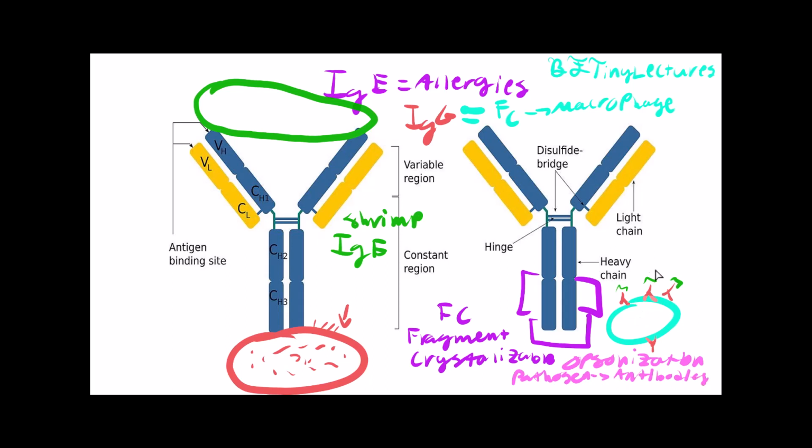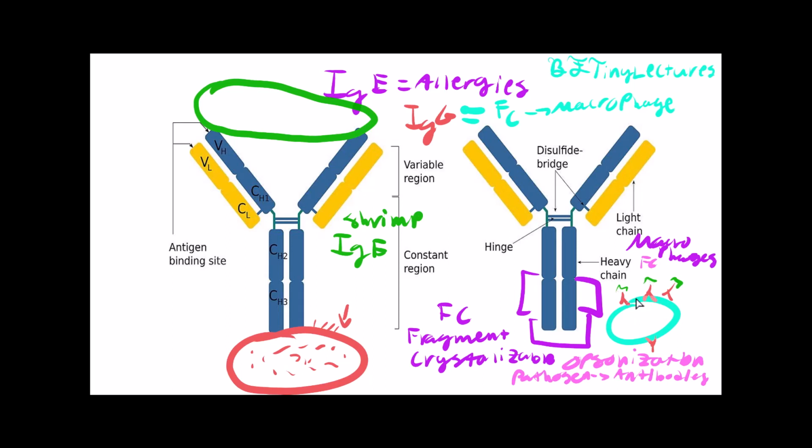Now going back to the FC binding region of the IgG, that's going to attract macrophages. So not only are the antibodies going to opsonize the pathogen, they prevent it from entering cells, they prevent it from infecting cells, and they slow down the pathogen so that the macrophages are able to phagocytize the pathogen.